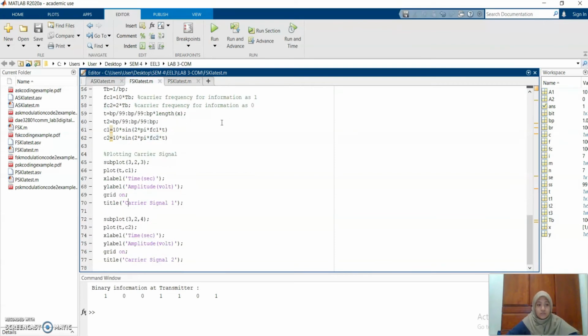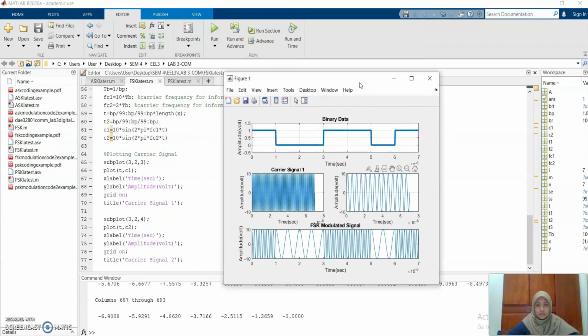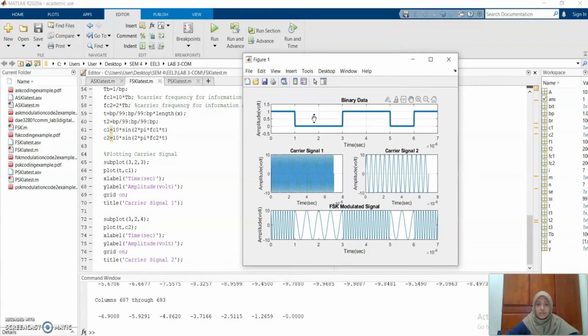When we run this simulation, we will get this. This one is the binary data 1001101. This one is the carrier signal for information 1 and this one is the carrier signal for information 0. So this is the sine wave for carrier signal 1 and this is carrier signal 2.